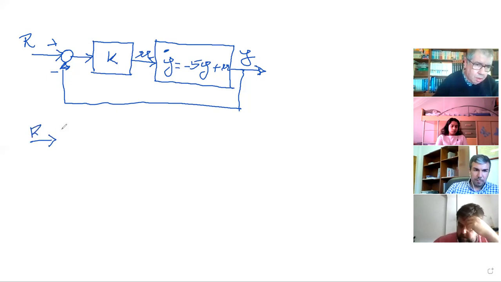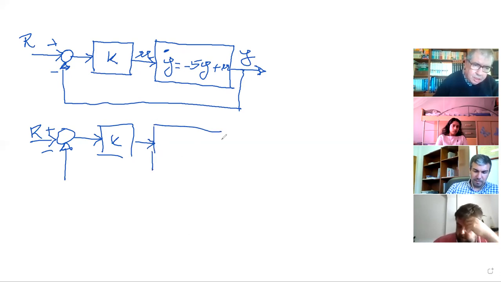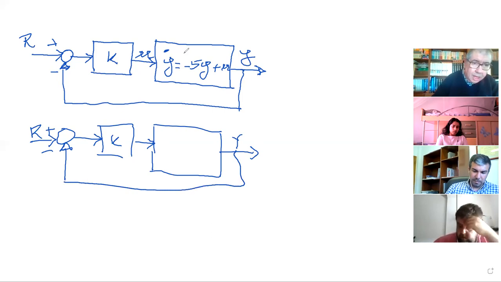So what you get: R, K, and then I have here something which is that generalized gain, which is what? So apply the S here. What do you multiply by U to get Y? 1 divided by S plus 5.